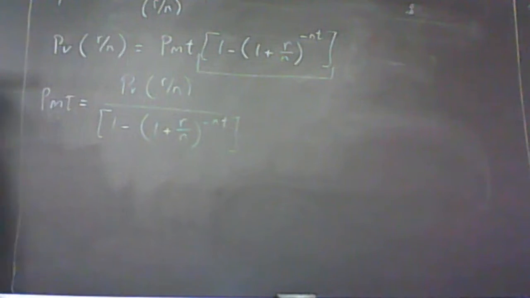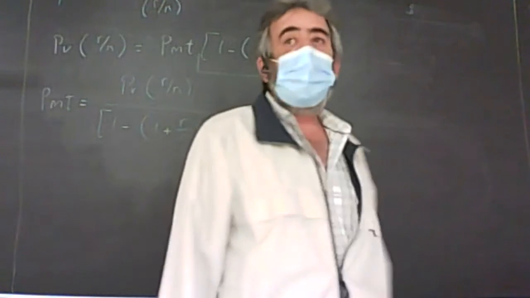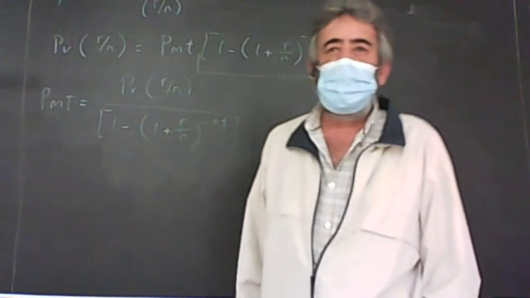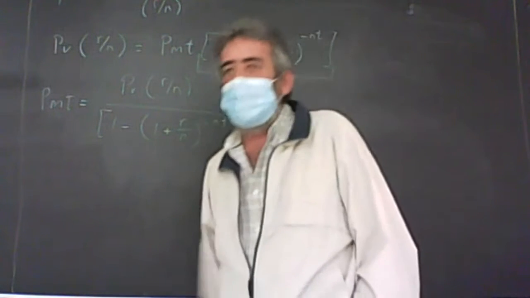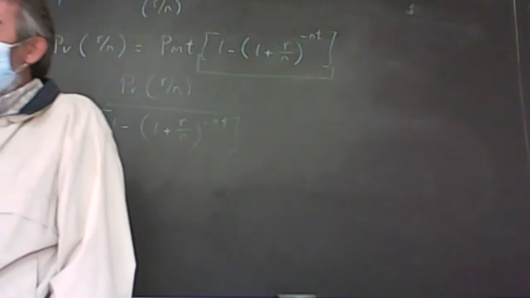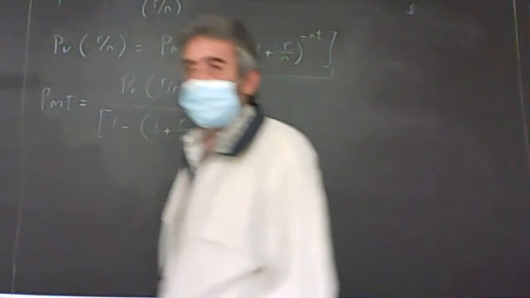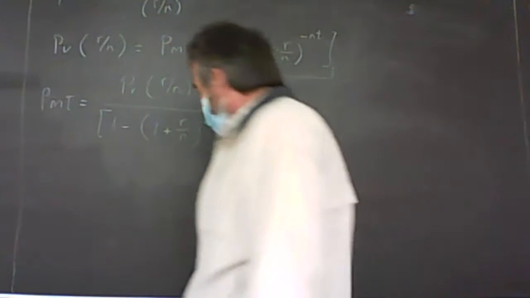Yes? So now we could use this to figure out what our loan payment would be, or what our mortgage payment would be, or maybe even credit card payment if we decided to pay the credit card in a certain amount of time. Yes, so we can do a calculation to figure that out.